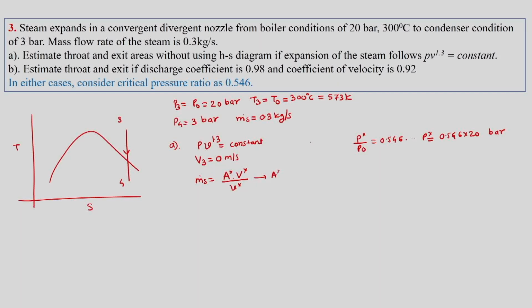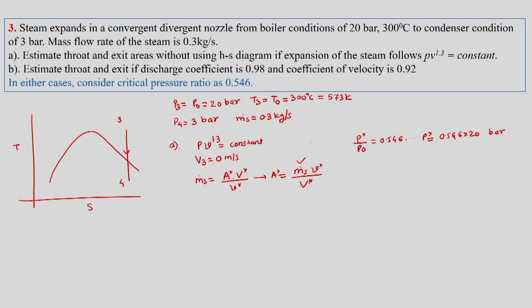So A star is equal to m dot s into v star divided by velocity star. Here A star is to be found out, the mass flow rate of the steam is given, and we need to find the specific volume and velocity at the throat.